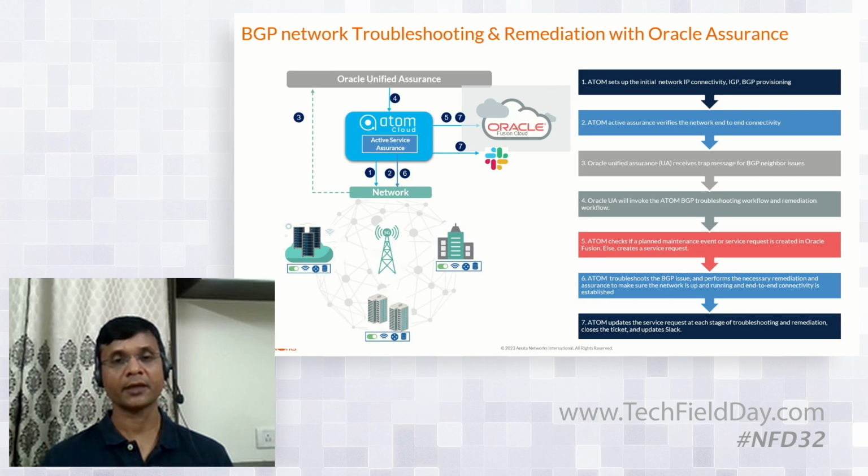Once the workflow is triggered, Atom checks with Oracle Fusion Cloud to see if it is part of a planned activity. If it is not part of a planned activity, it goes ahead and opens a service request in Fusion Cloud, does the remediation, and finishes the change by closing the service request. So this is an assurance or closed loop automation use case.